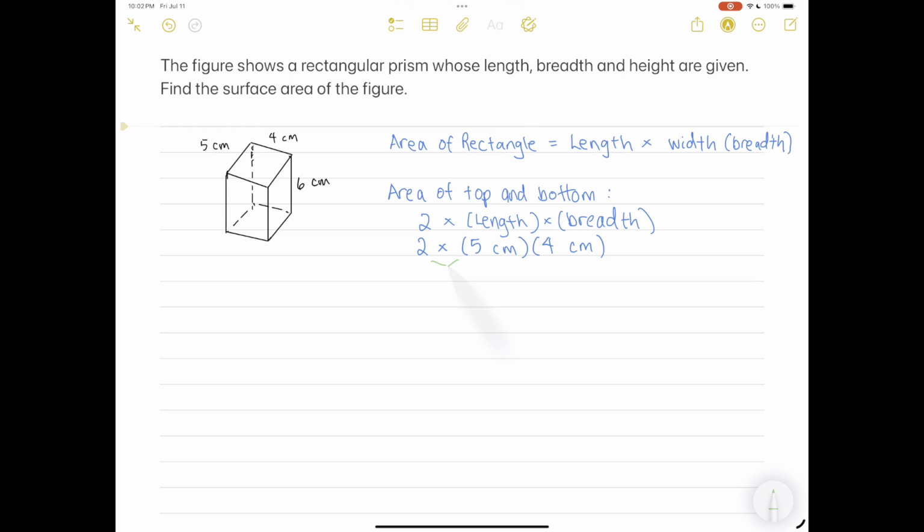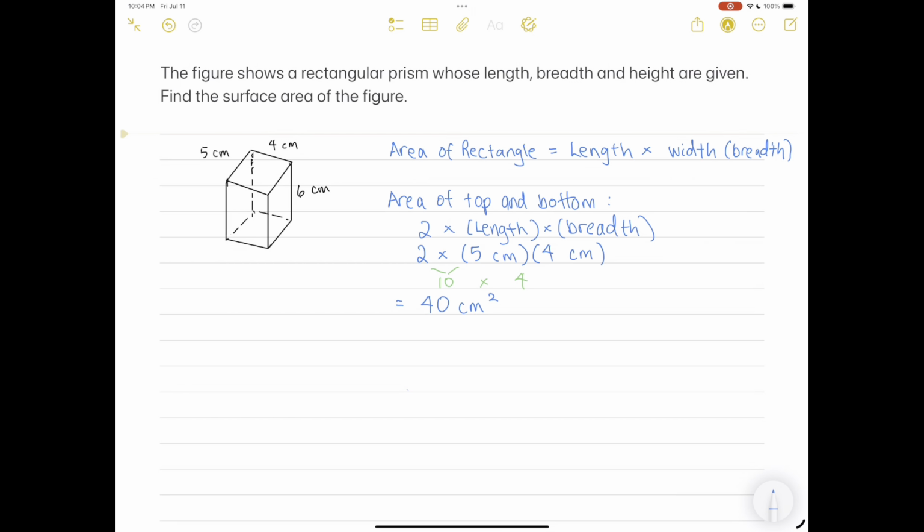Starting from left to right, I have 2 times 5, which equals 10, times 4. And that would be 10 times 4, which is 40. And centimeter times centimeter would be centimeters square. So the area of the top and the bottom rectangles is 40 centimeters square.